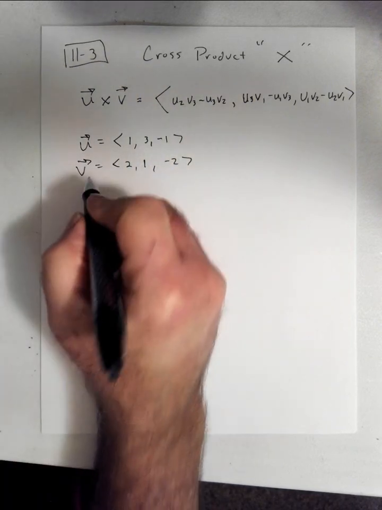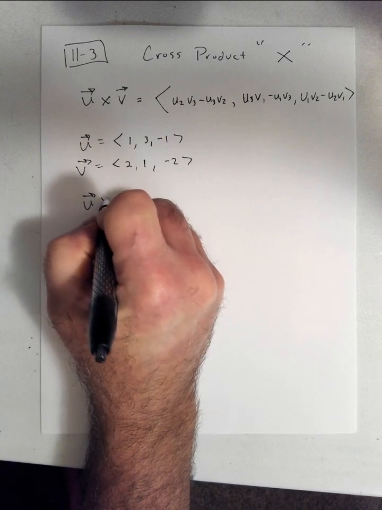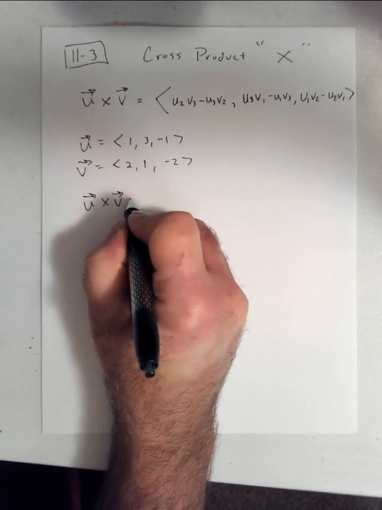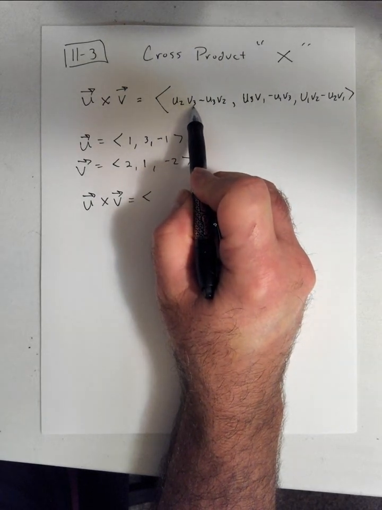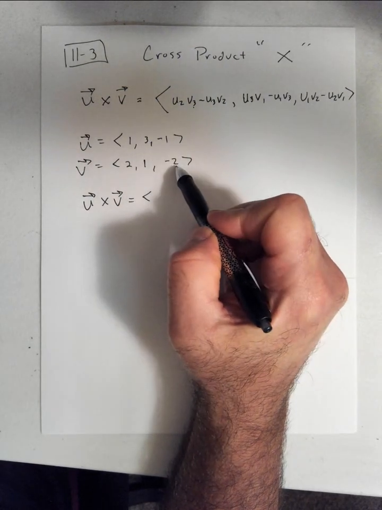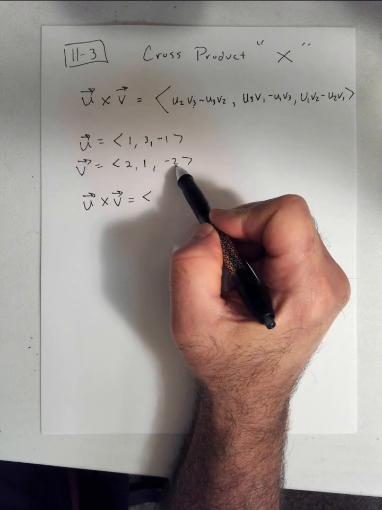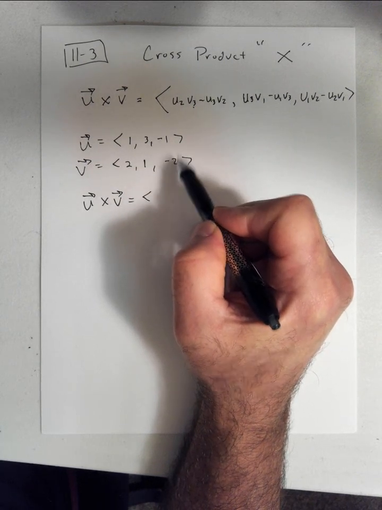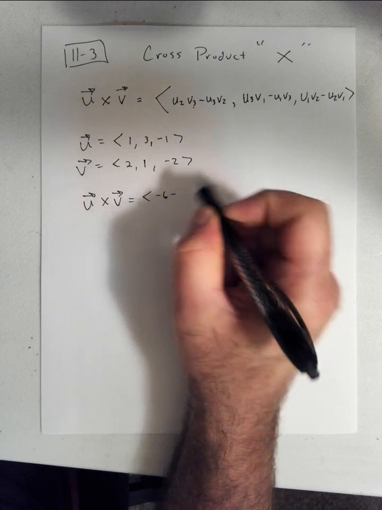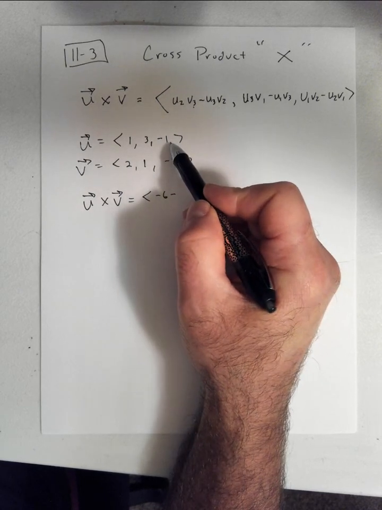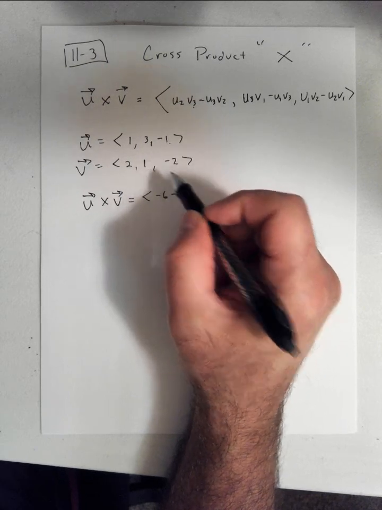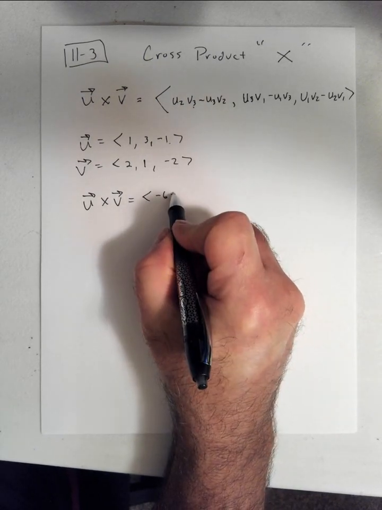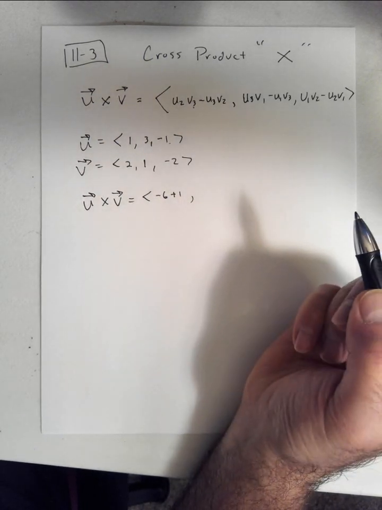Okay, now u cross v. So remember we're taking the second u times the third v. 3 times negative 2 is negative 6, minus u3, which is negative 1, times v2, which is 1. Negative 1 times 1 is negative 1, so that becomes a plus 1.